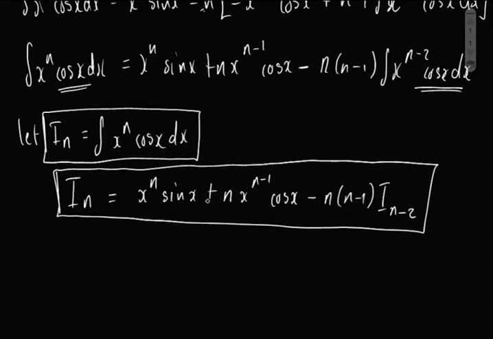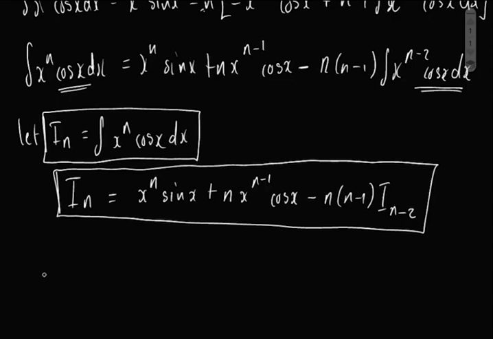Then I add the derivative of this one now, which is n x to the n minus 1 multiplying cos x. Then I subtract n by n minus 1, I_n minus 2. I don't know if you remember that.